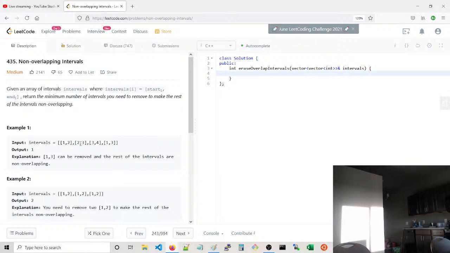Oh, I have an idea. How about this? Why not perform a breadth first search from the node that has the largest number of edges, and then do a level order traversal? So we're going to try to find all of the nodes we want to remove from the graph.